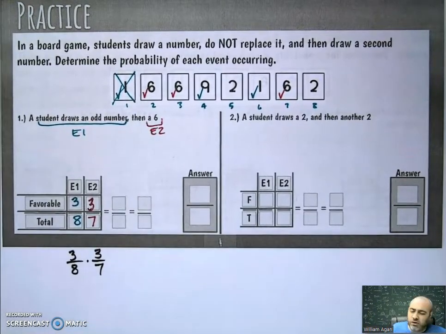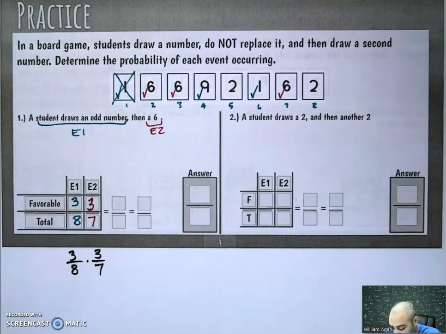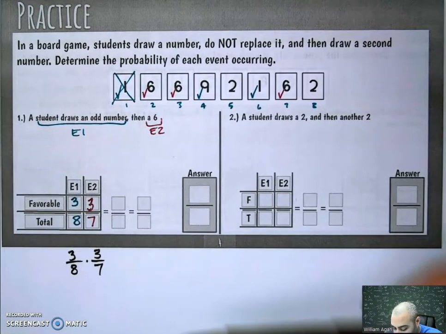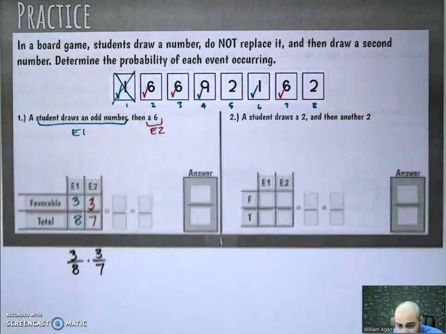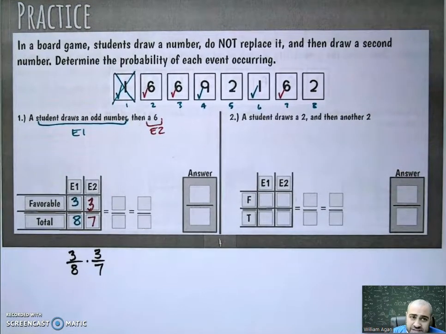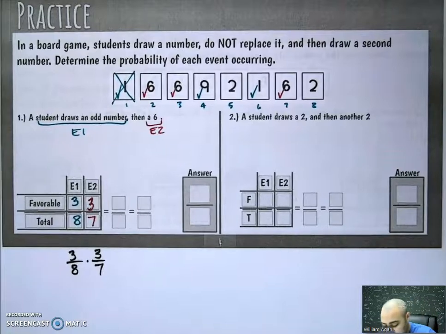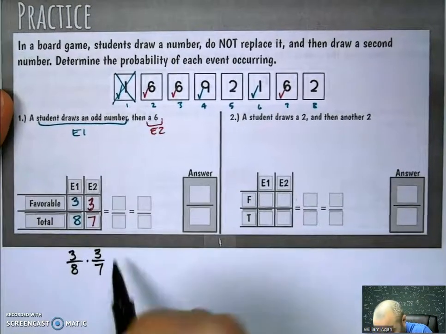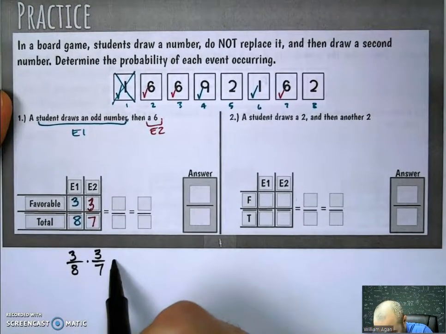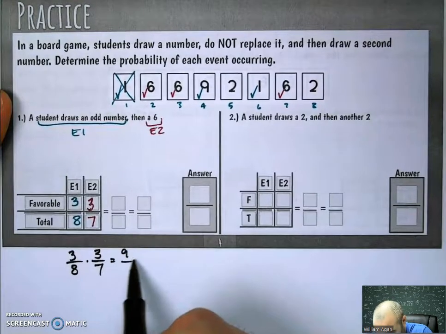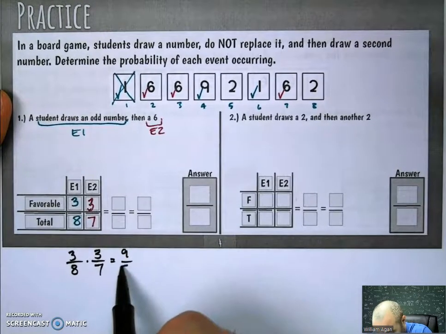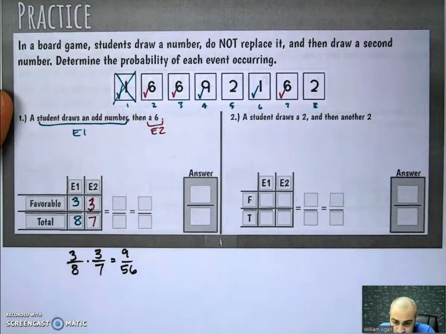Before you multiply, always check if you can simplify. 3 and 8, no. 3 and 7, no. And remember, it's any top with any bottom. On this one, though, it doesn't matter how you look at it. You just can't simplify it. So you multiply straight across. 3 times 3 gives you 9 over 8 times 7 gives you 56.